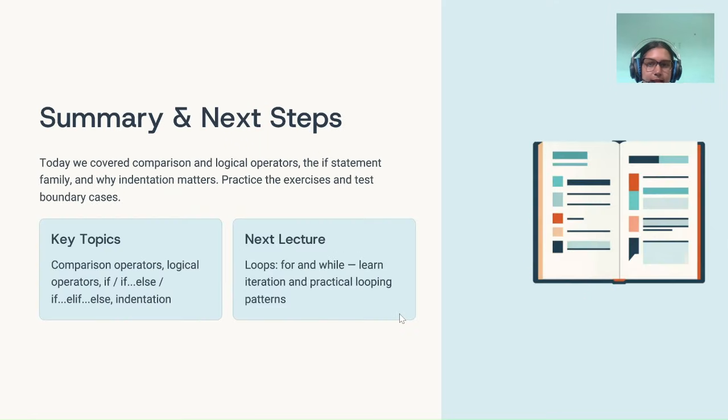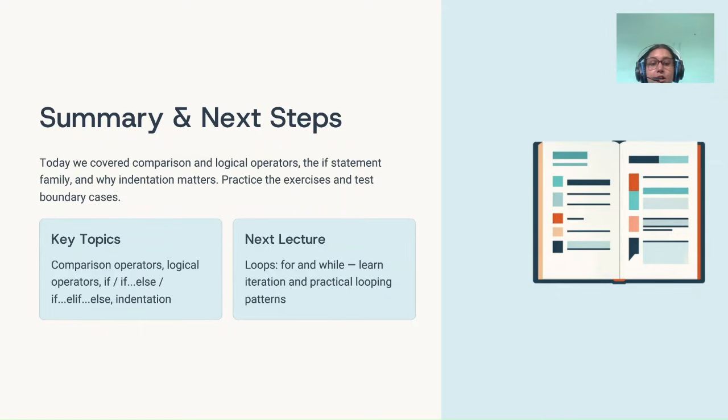Alright, so that's it for our lecture today. Let's quickly recap what we learned today. We learned how Python makes decisions using conditional statements. We studied comparison operators and logical operators which help us create conditions. Then we learned about the types of decision making statements: if, if else, if elif else, right?